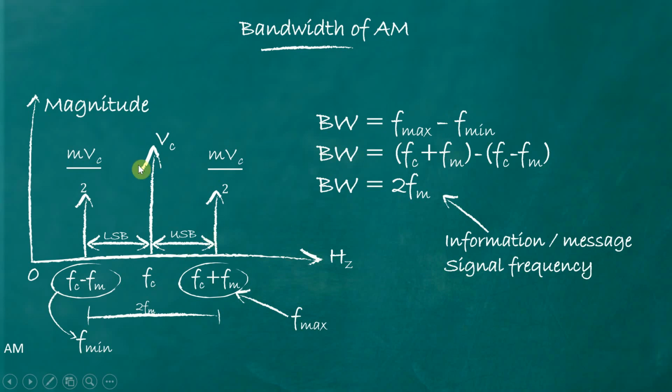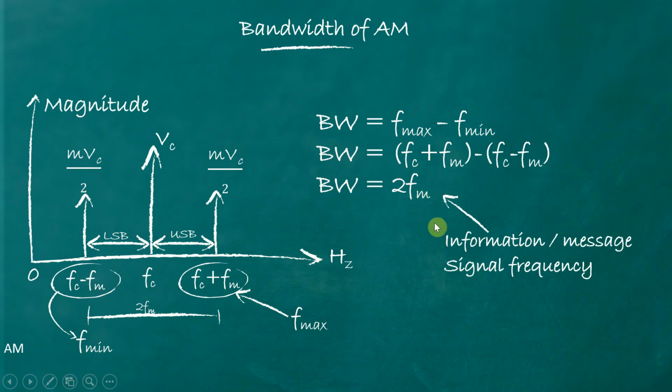In the spectrum of the amplitude modulated signal, the maximum frequency is fc plus fm and the minimum frequency is fc minus fm. When you substitute these, you get bandwidth equal to twice fm.